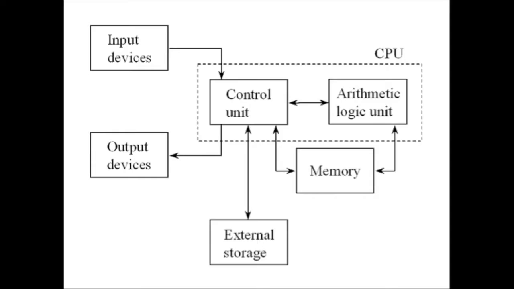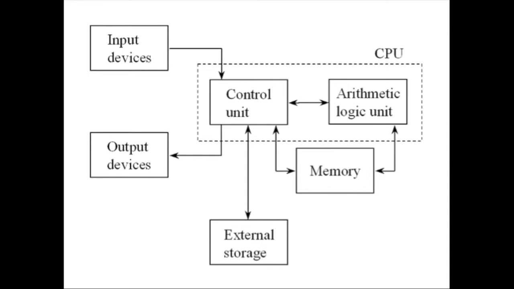This means looking a little at how a computer works. Here's the overall architecture of a typical computer. And there are some input devices and output devices. That's how we get information in and out. They could be typically things like keyboards and mice on the input side, and video screens and speakers and so forth on the output side.